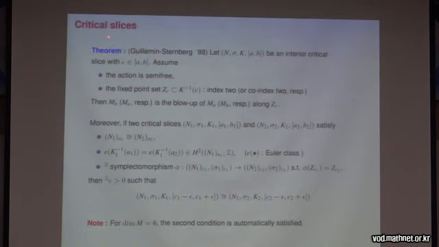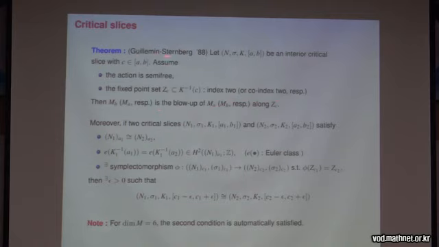So first, I want to explain how critical slices are determined. Suppose that we have a certain critical slice, with sigma k the image of the moment map here, and a certain critical value here. Further, we assume that the action is semifree and the fixed point set is of index 2 or coindex 2 respectively.